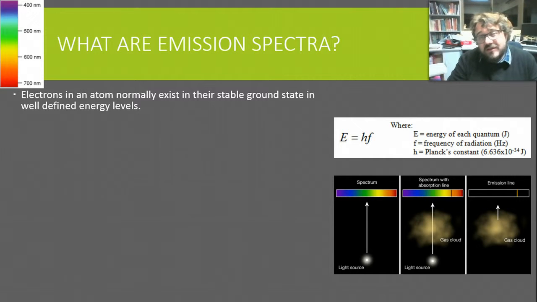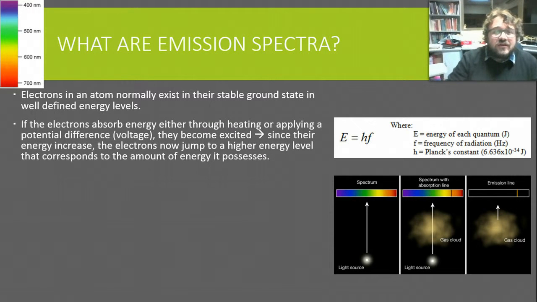Basically, we know that electrons normally exist in a stable ground state, and these have very well-defined energy levels. And we know that if they absorb energy, because we heat it up or we apply electricity to it, they become excited, and they jump to a higher energy level. Now, that looks like what we see here.